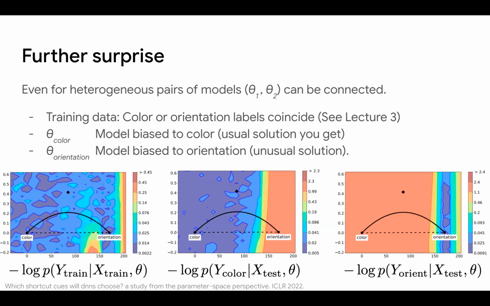I don't think I fully understood. What are the axes? Are they just indicators for parameters, I guess? Right. So the starting point is two models, and we are basically training a third model.